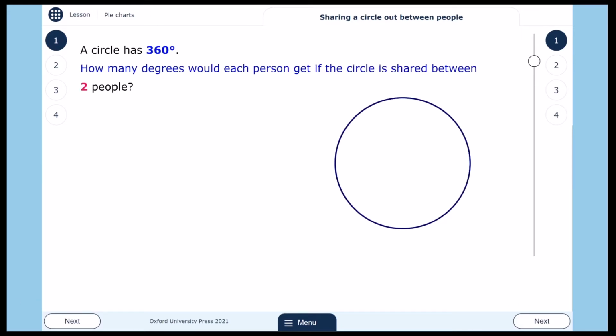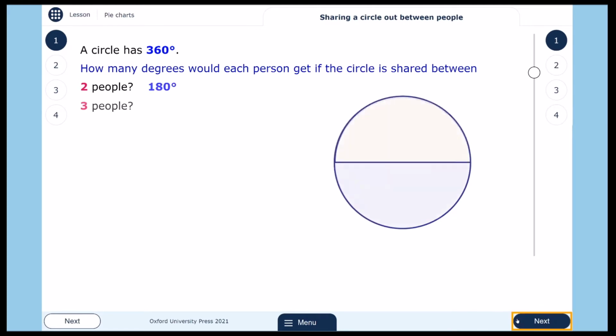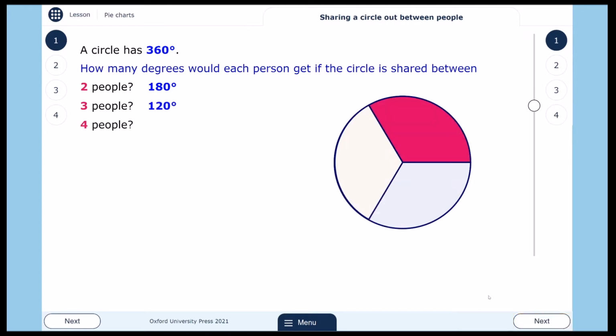So if a circle has 360 degrees, how many degrees would each person get if the circle is shared between two people? Well, we'd take 360 and half it, and that gives us 180 degrees. What about 3 people? Well, we'd do 360 divided by 3, and that gives us 120.